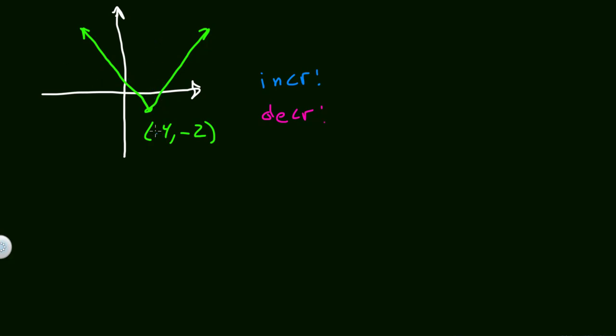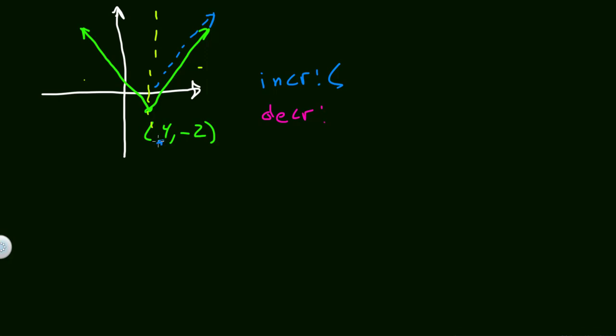Well, notice that the vertex kind of splits the graph into 2 sections. So if I draw a line through the vertex, I have a left half over here and a right half over here. Which section would be going uphill as we go left to right? If you thought it was the right half, then you are correct. And what x value does that start at?